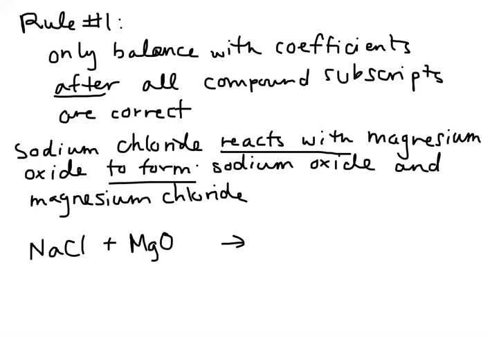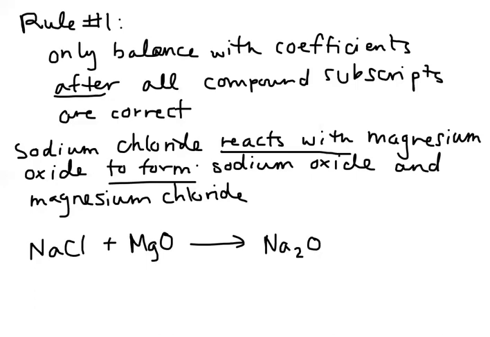Sodium oxide. Now, how are we going to make a neutral compound that's sodium oxide? So what's the charge on sodium? +1. What's the charge on oxide? -2. So how many sodiums do I need?